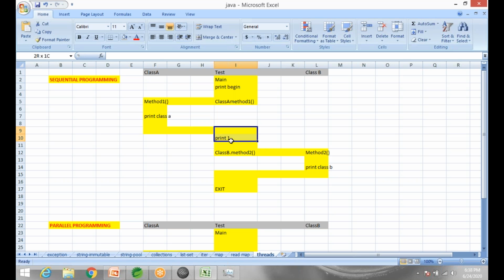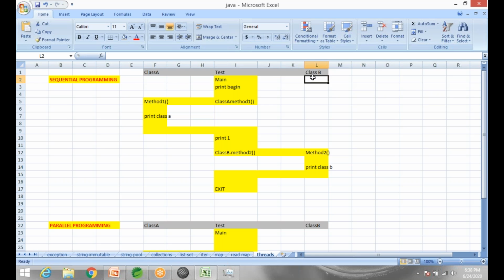They can continue with the next line, printing 1. That's what it means. To tell the Java runtime environment that this is a special program and the other program doesn't have to wait until this completes, you declare this class and this class as extends Thread. When you extend Thread, this program has a special privilege.